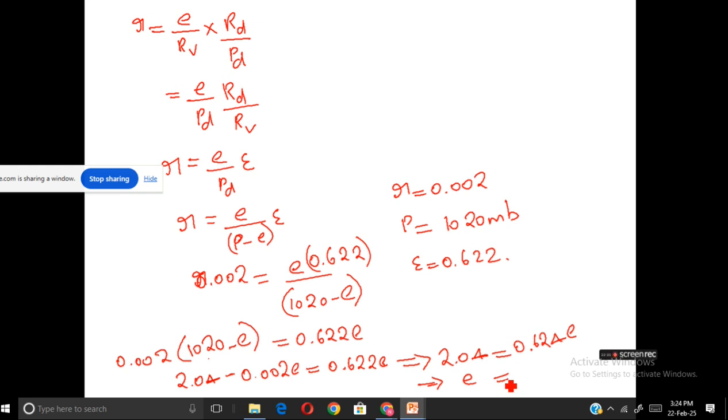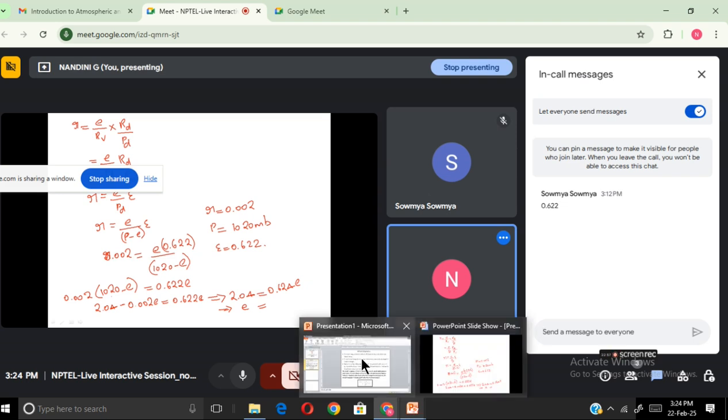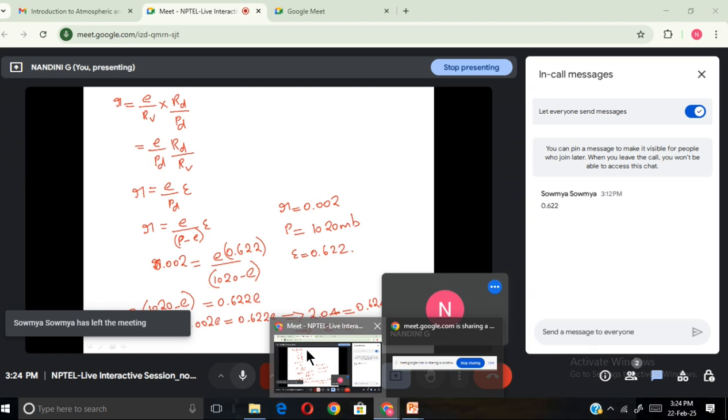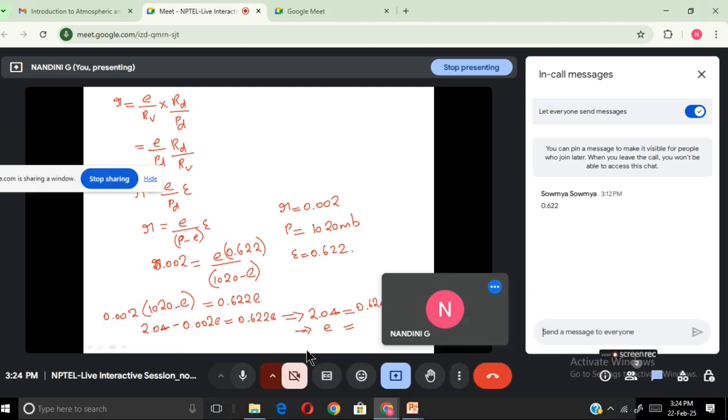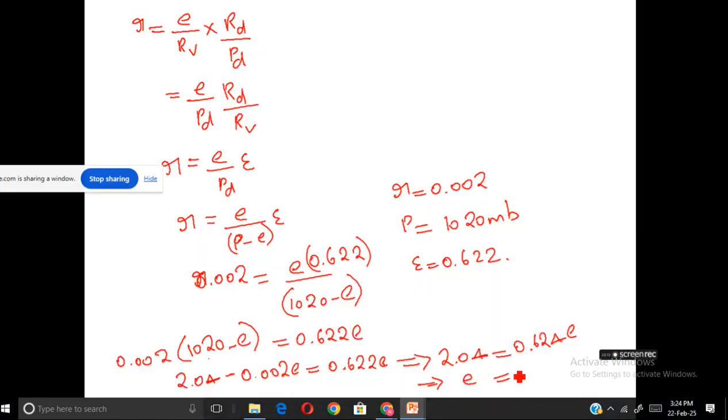Are you getting the value of E? The value of E will be 3.26 hectopascal.